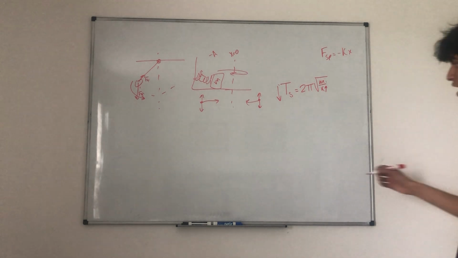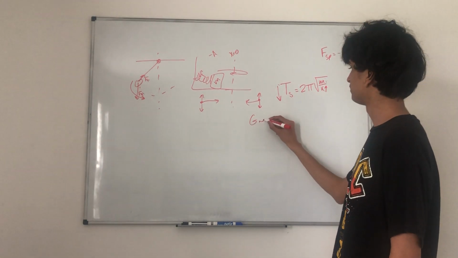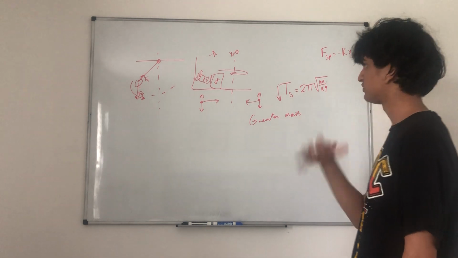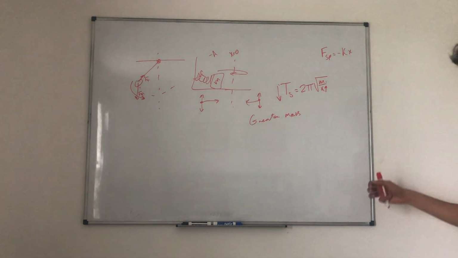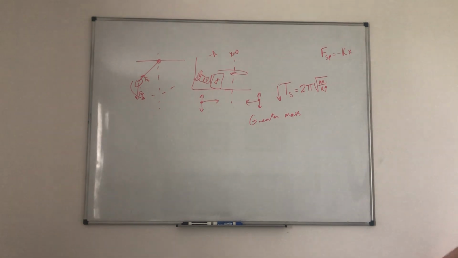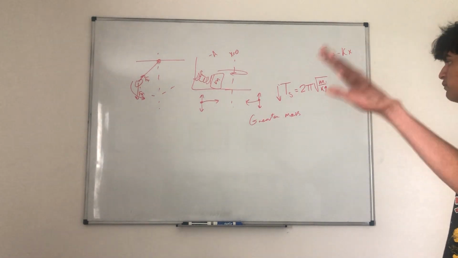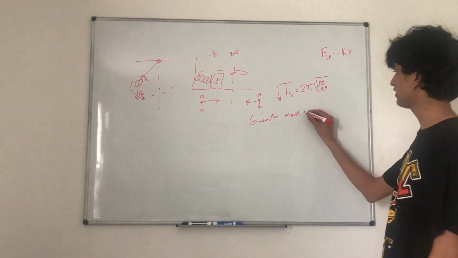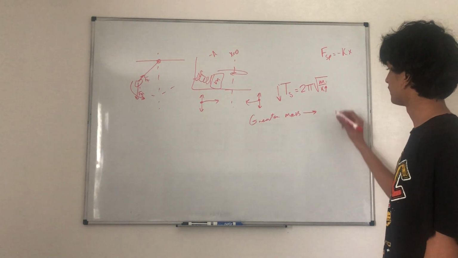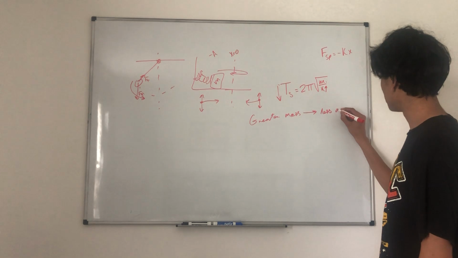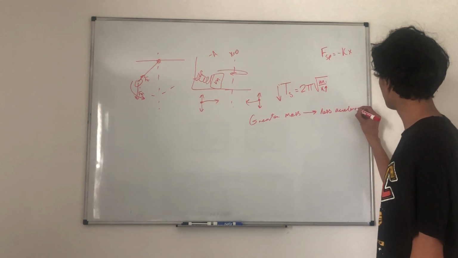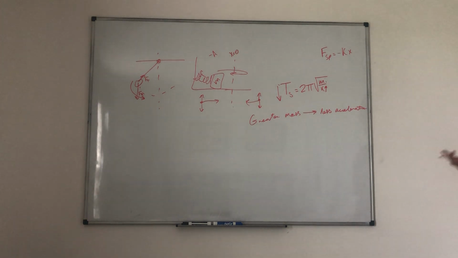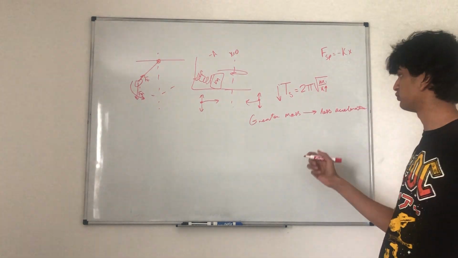So if you have a greater mass, and I'm going to assume that everything else is the same. So in both scenarios, when we double the mass or whatever, same stretch, same amplitude, same spring constant, we're just seeing the effect on the period. So a greater mass means less acceleration. The reason why there's less acceleration when you have a greater mass is because it's the same force in both equations, right?